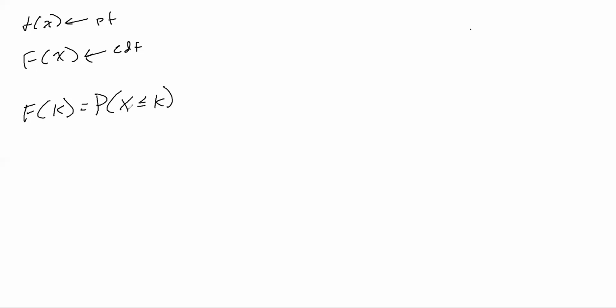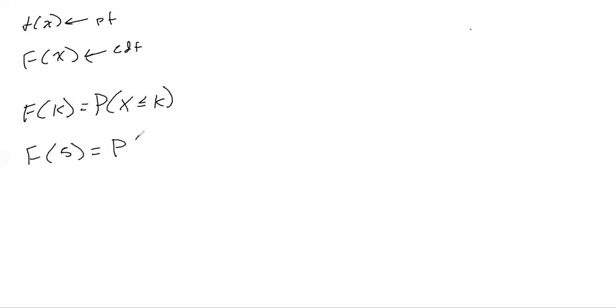Back at the car lot example, if we want to know the probability of having 5 cars or less sold in a given month, we could say big F of 5.